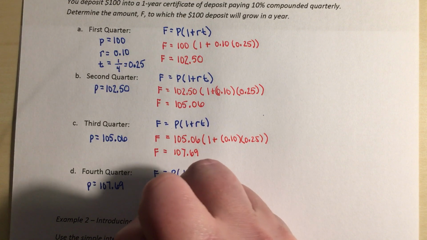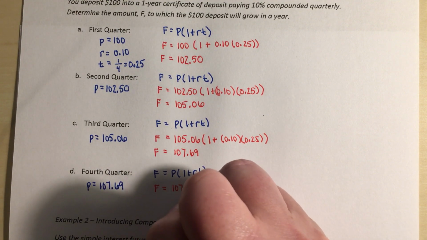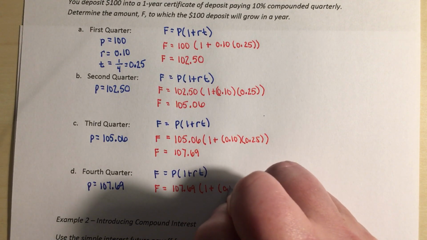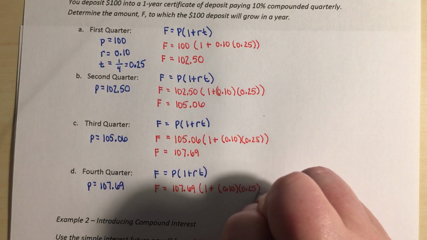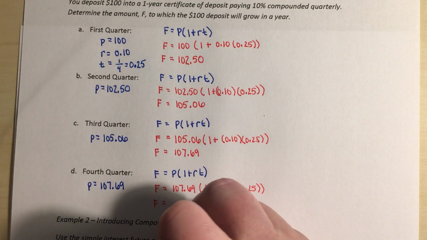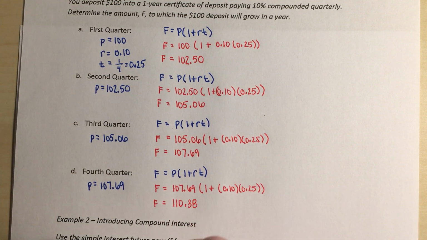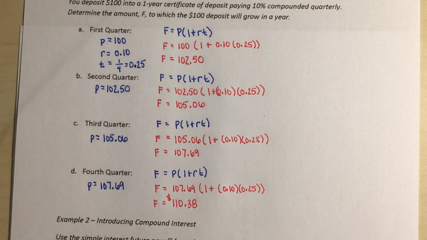Alright, so again, into our formula we go. 107.69 times 1 plus 0.10 times 0.25. F equals 110.38. So this is our final value here.